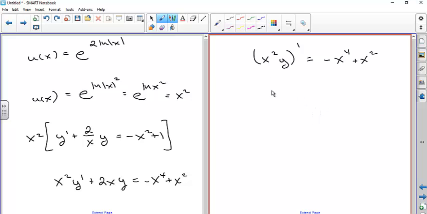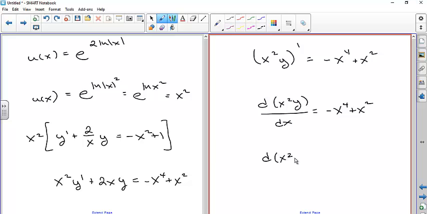And then one final thing is, remember, this is the derivative of x squared y with respect to x. So I can then multiply both sides by dx. So I'm left with this differential.